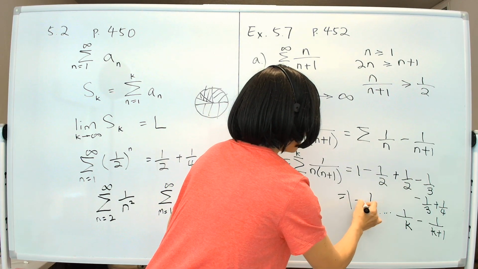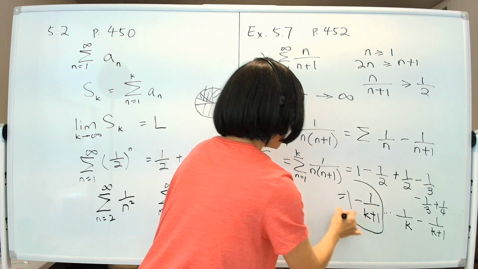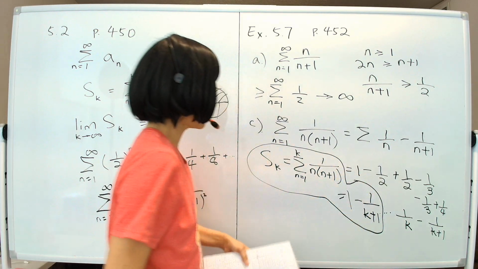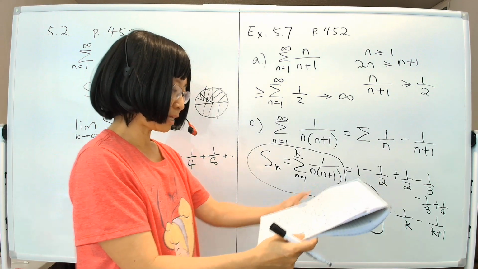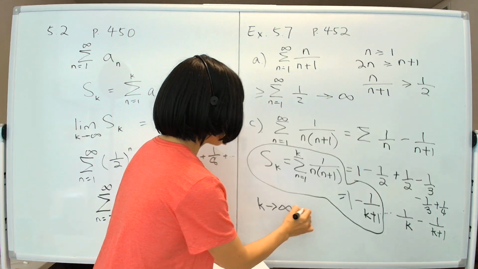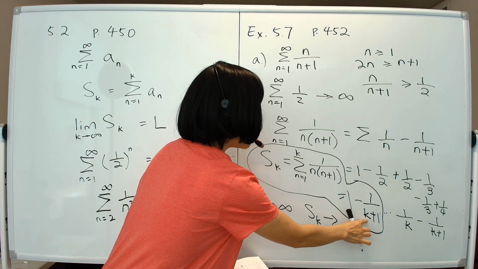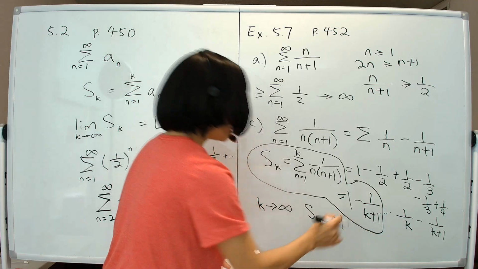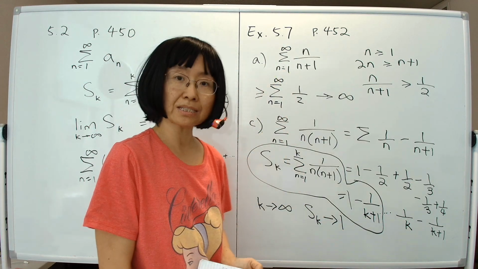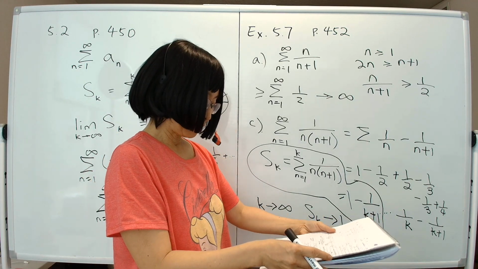So 1 over k plus 1 is what the partial sum ends up being. Now, knowing that, as k goes to infinity, s of k then approaches 1, because that dies out because k is approaching infinity. So s of k approaches 1, which is why this is a convergent series, and not just that it converges, we know exactly what it converges to.